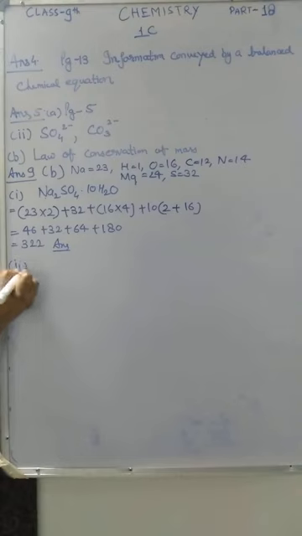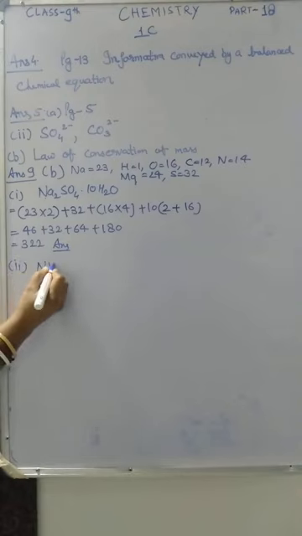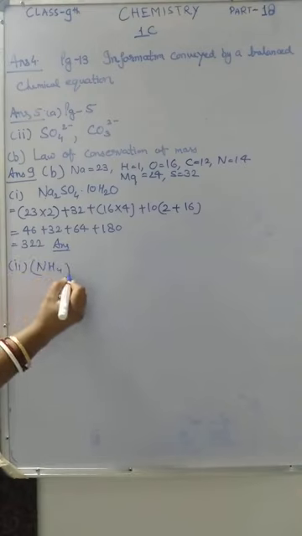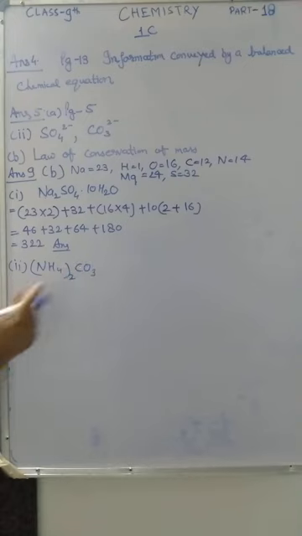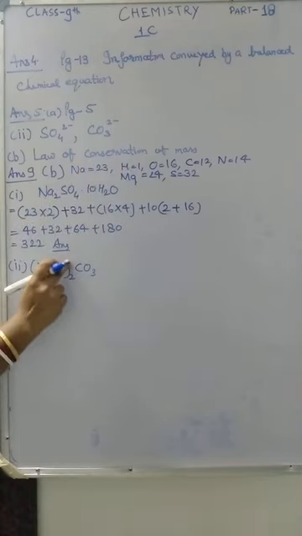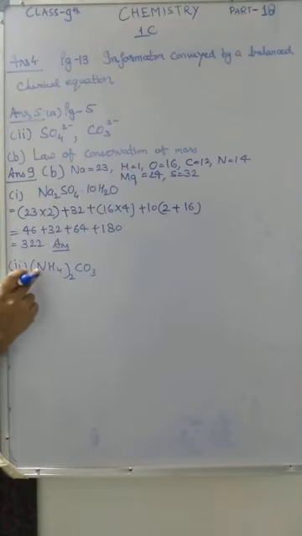Now second one, NH4 whole twice CO3. Okay, and atomic mass is 14. 14 into 2, because whole twice is given, so you have to multiply this 2 with nitrogen also, with hydrogen also. Remember it when it is whole twice. It means this 2 is applicable for this nitrogen also and for hydrogen also.